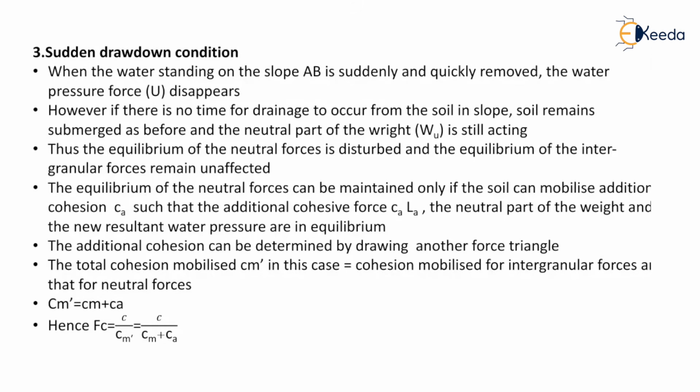The total cohesion mobilized, Cm dash, in this case is equal to the cohesion mobilized for intergranular forces plus that for neutral forces. Hence, Cm dash is equal to Cm plus Ca. Hence, FC, the factor of safety with respect to cohesion, is C upon Cm dash, which is equal to C upon Cm plus Ca.